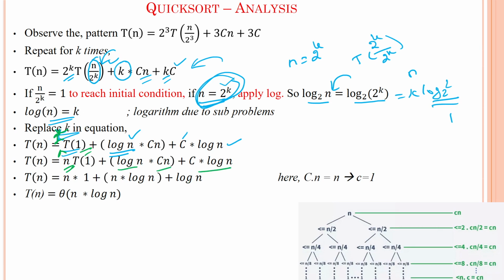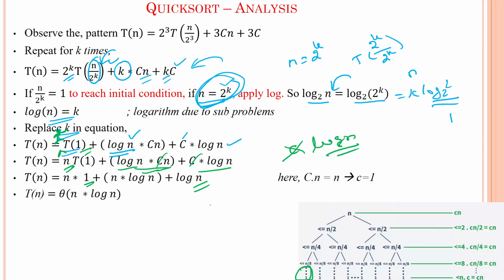So now when you are comparing, t of 1 will be 1 unit of time. So now n into 1, n into log n. So we are omitting the constant value, n into log n. Then here also we are omitting the c value, log n, because constant coefficients will be ignored whenever you are having the higher order term here.